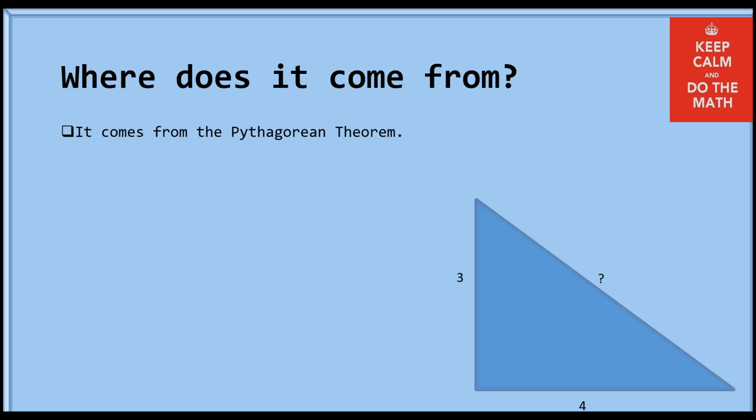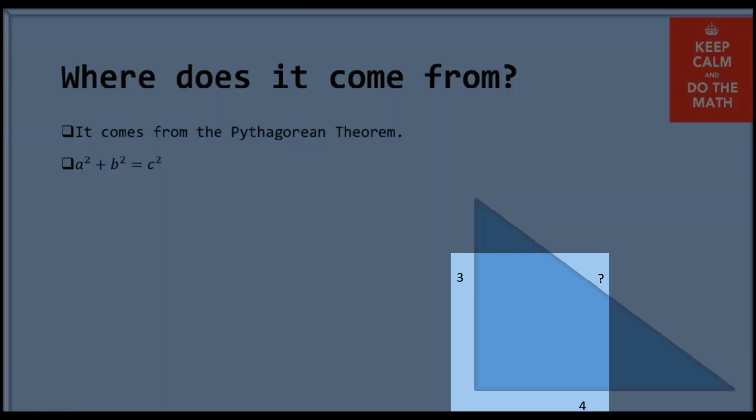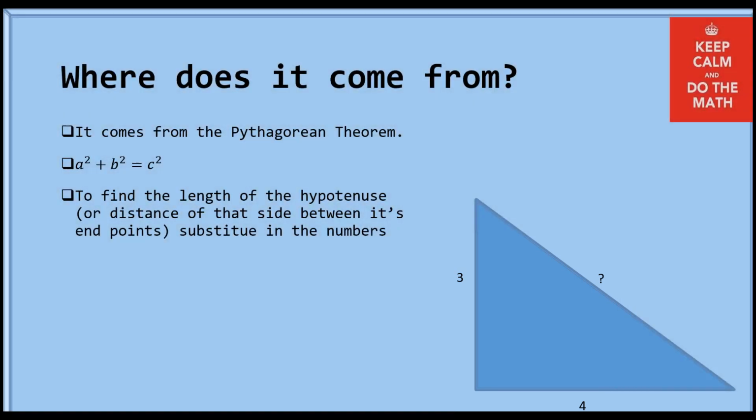So for example here, I have a right triangle with sides 3 and 4 and a missing side, question mark. The Pythagorean theorem is a squared plus b squared equals c squared, when a and b are the legs of your right triangle and c is your hypotenuse. In this example, 3 and 4 are the legs of my right triangle.